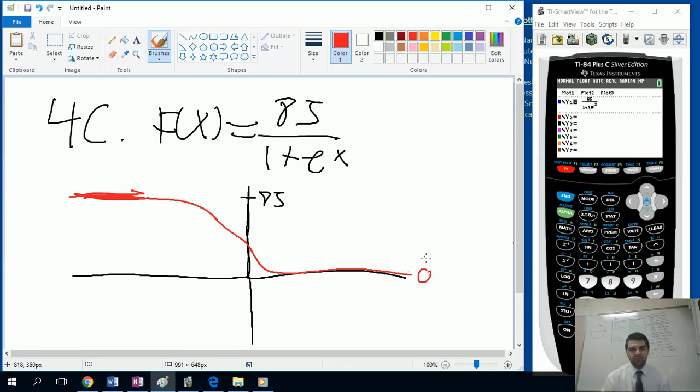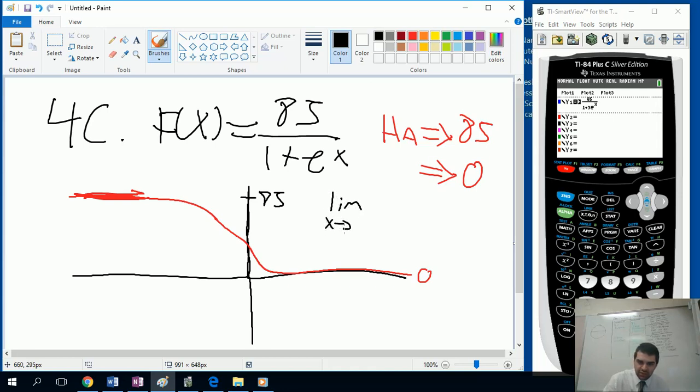So you can have horizontal asymptotes at 85 and 0. So the end behavior is the limit as x approaches negative infinity of f of x is equal to 85, and the limit as x approaches positive infinity of f of x is equal to 0.